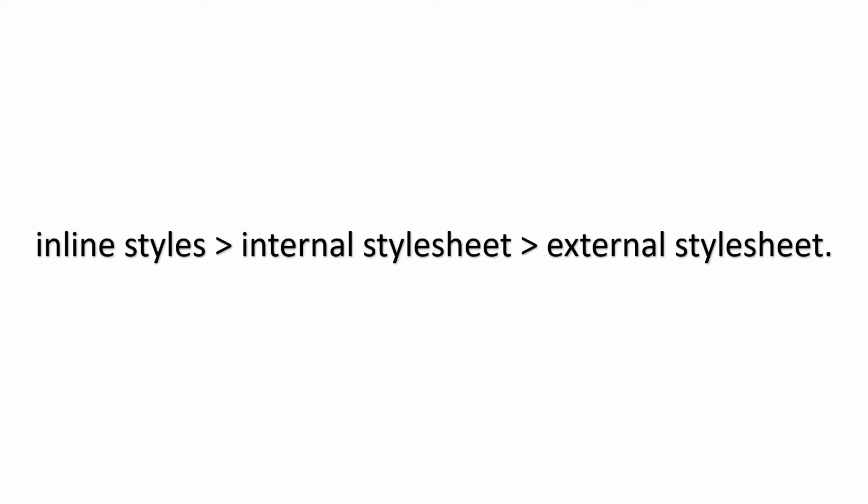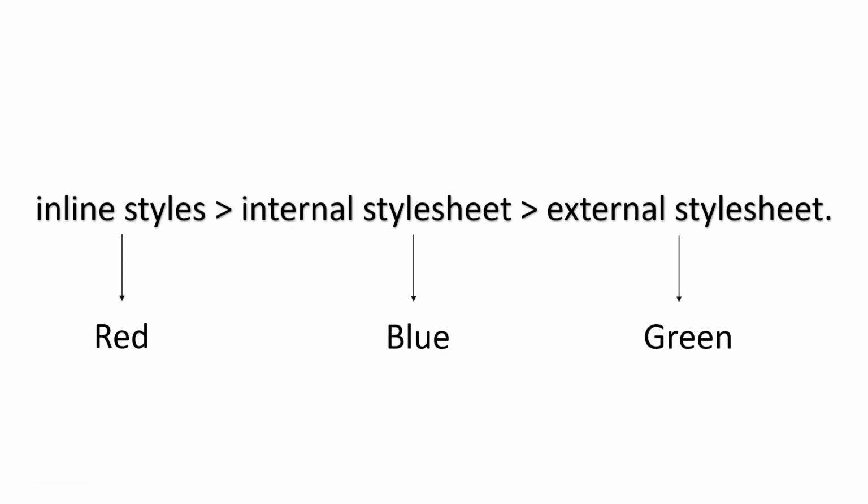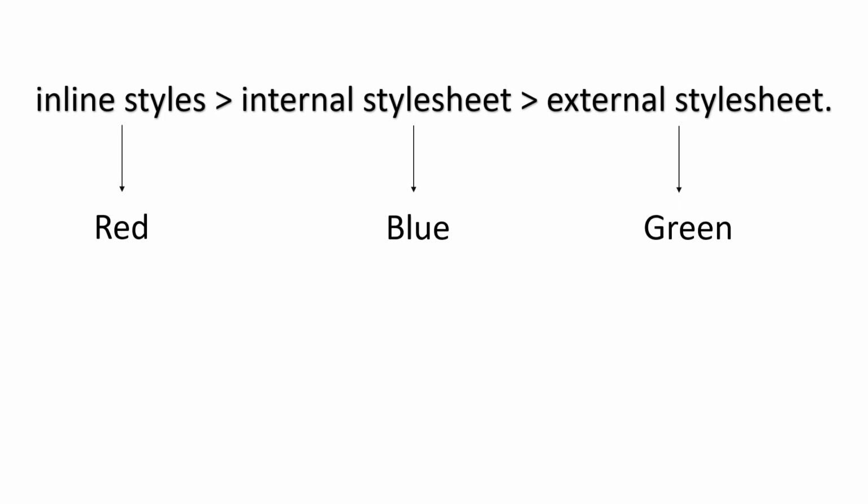So if a selector or any element has the same property with different values in all three places, let's suppose inside the tag I have given the color red, in the style tag in head I have given the color blue, and in the external style sheet I have given the color green, then which color will be applied to the tag? Red, blue or green? The answer will be red, because inline styles take the highest priority, so it will override any rule defined in any other place.